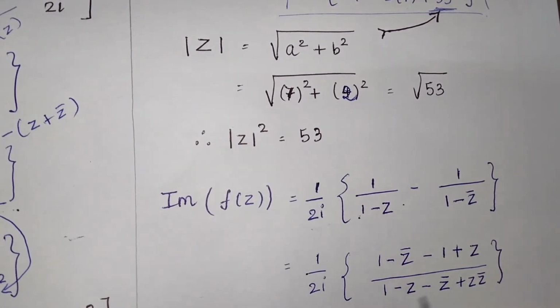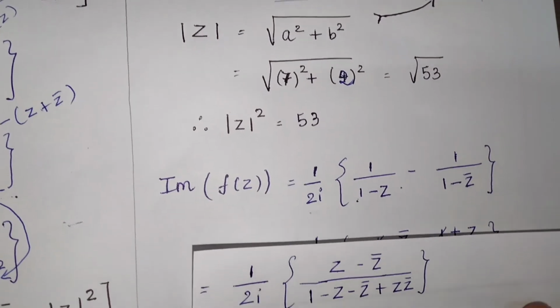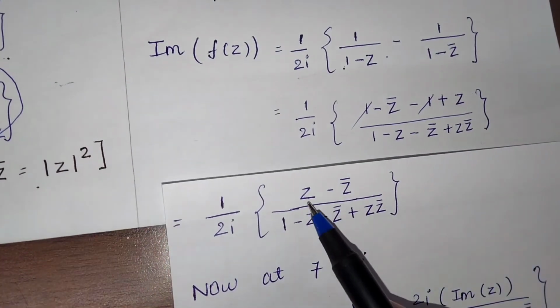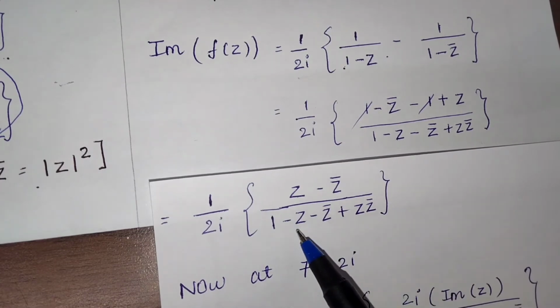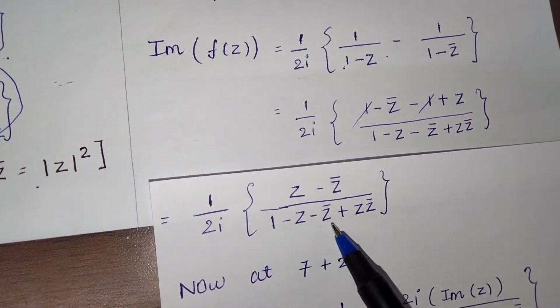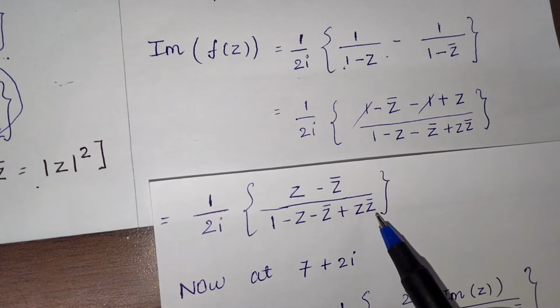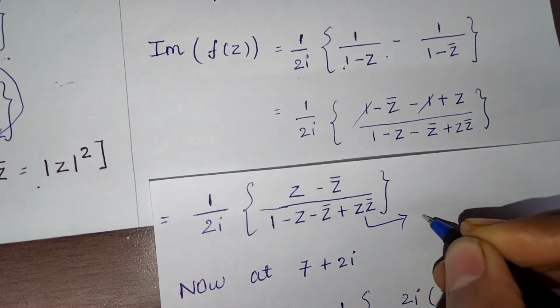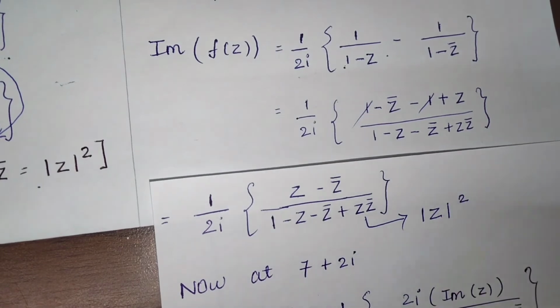Again cross multiplying, you will get this term. This minus 1 and this 1 will get cancelled. So we will get 1 by 2i, z minus z conjugate by 1 minus z conjugate plus z into z conjugate. Again in place of this I can write mod z square.